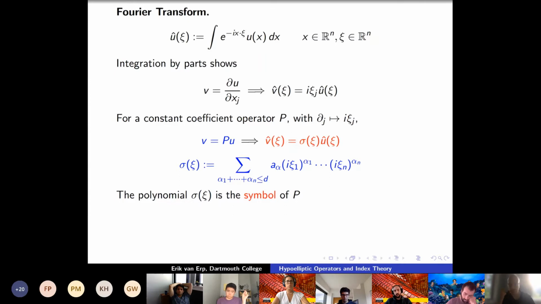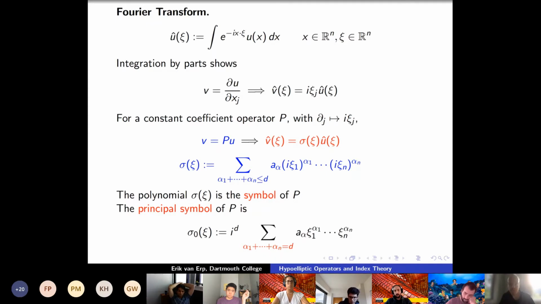And this polynomial is called the symbol of P. In some sense it has the same information as P. It's just a formal polynomial. The term I'm going to be using mostly is the principal symbol. That's just the highest order part of the symbol, so you ignore the lower order terms here. This is a key tool in the solution and analysis of PDEs.